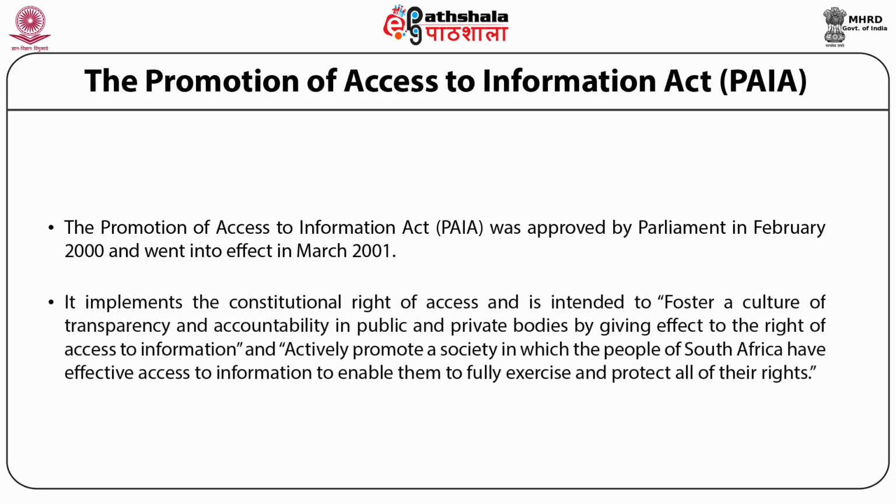It implements the constitutional right of access, and in the words of the Act itself, is intended to foster a culture of transparency and accountability in public and private bodies by giving effect to the right of access to information. See there, once again, it applies to private bodies, and it actively promotes a society in which the people of South Africa have effective access to information to enable them to fully exercise and protect all of their rights.